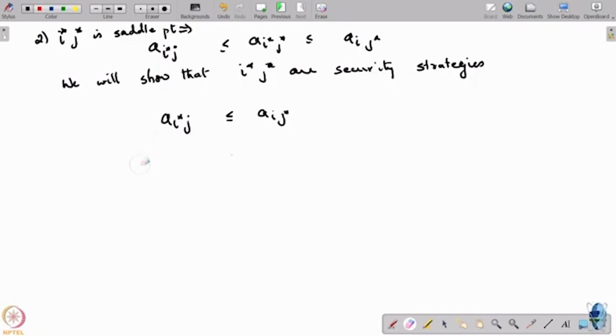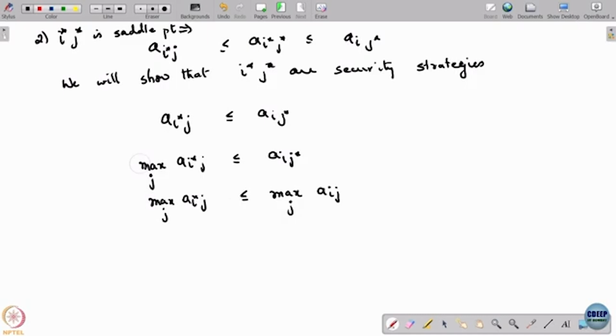So, I can say that max over j of a i star j is less than or equal to a i j star. But a i j star is itself less than or equal to max over j of a i j. And so, you get that max over j of a i star j is less than or equal to max over j of a i j, which means that i star is a security strategy.